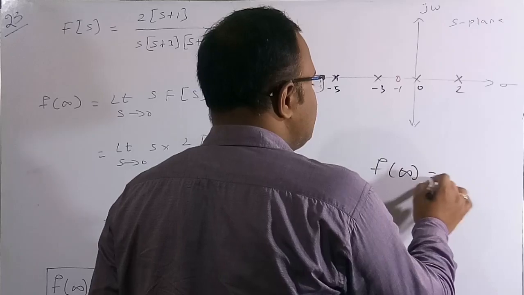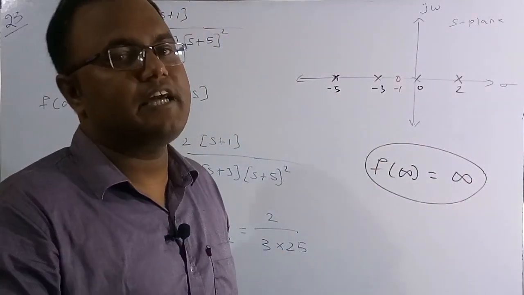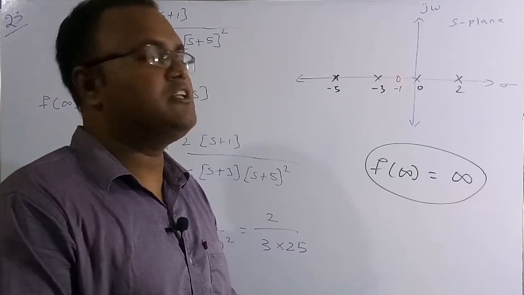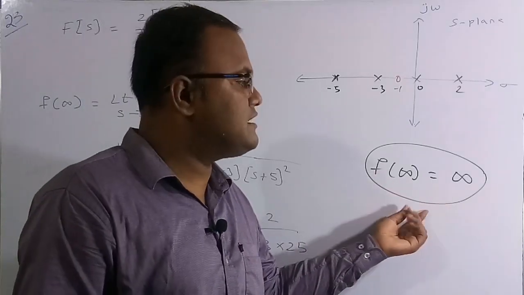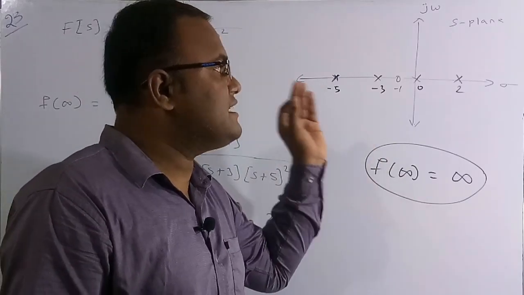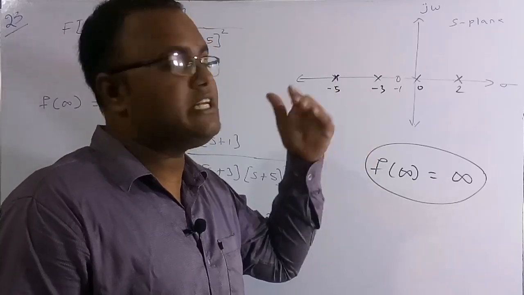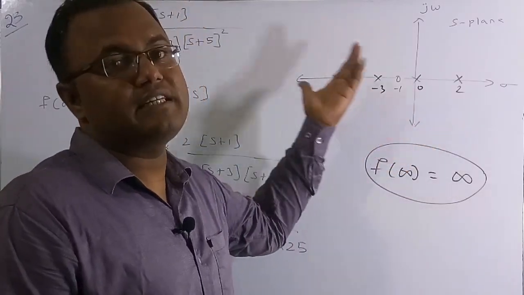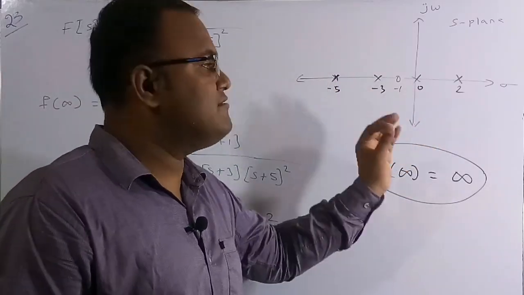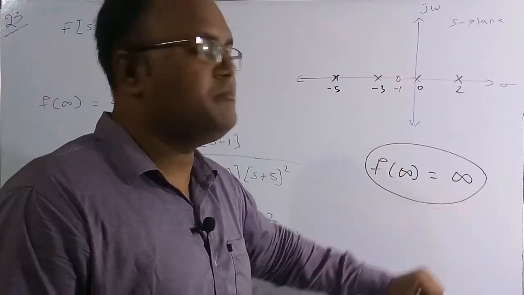That is why you always have to check the pole-zero plot. If any one pole is in the right half of the S-plane, no matter the remaining poles, the system is unstable, so the final value will be infinity.